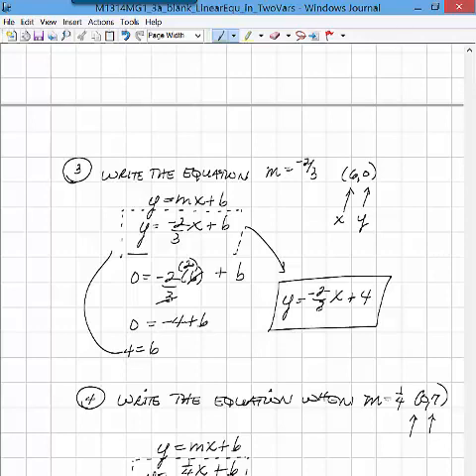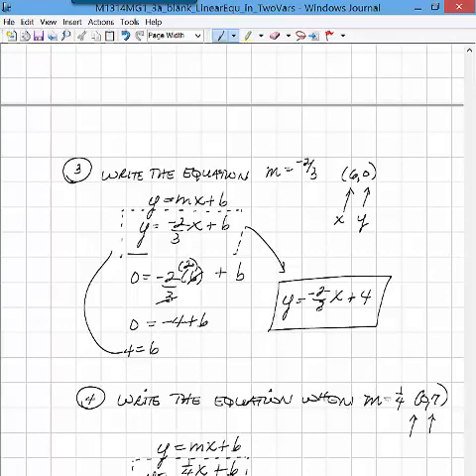Now, I want to look at this again, especially number 3 and number 4. If we look at number 4 in slope-intercept form, we can verify the slope is 1/4 and the y-intercept is (0, 7), which is exactly what they gave me in the question.